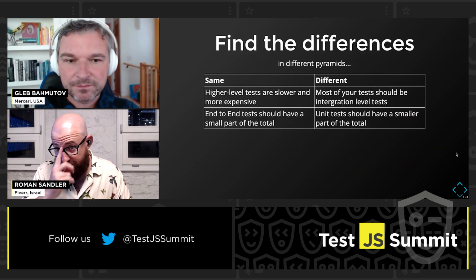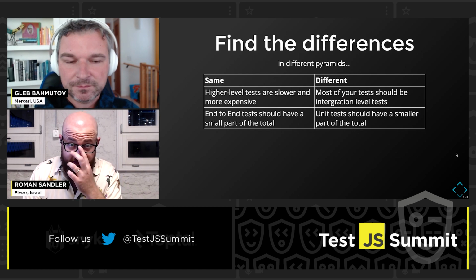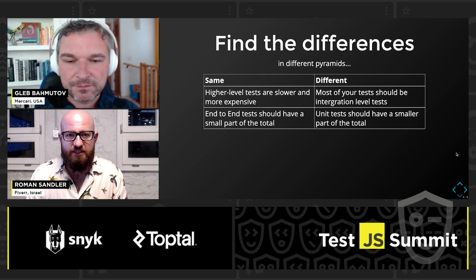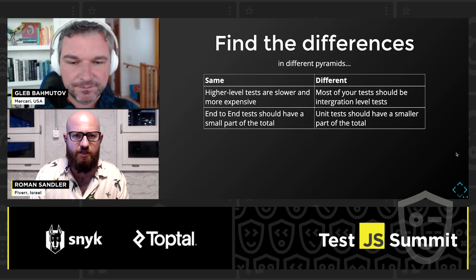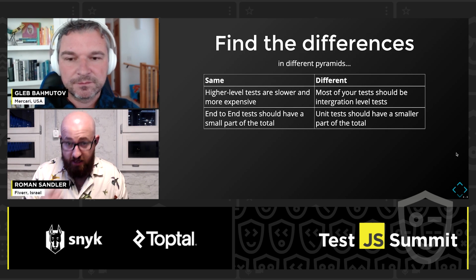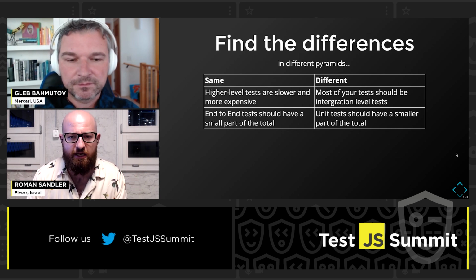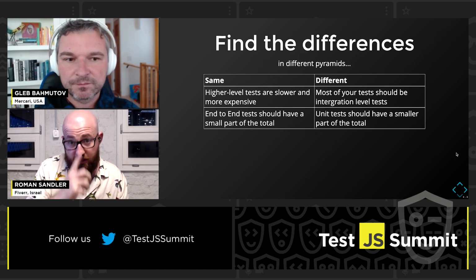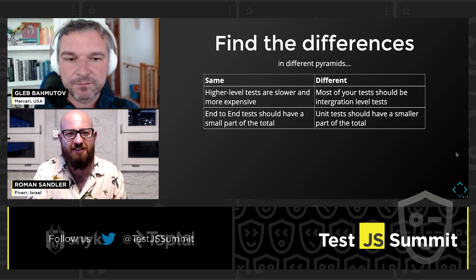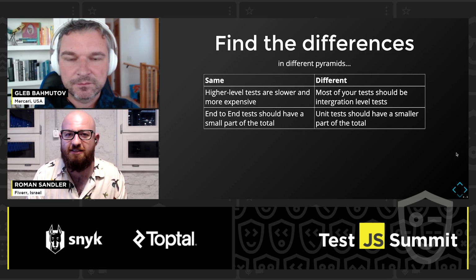And if we look at the differences, what is different essentially is that most of your tests should be integration tests instead of unit tests. That's the biggest change from the original testing pyramid. But I think more interesting is what is the same.